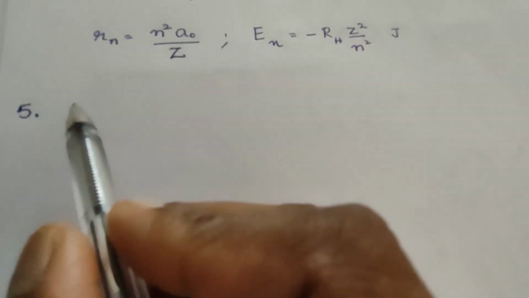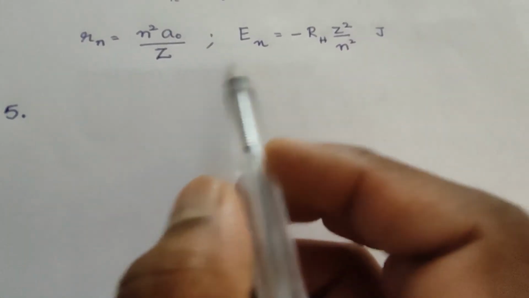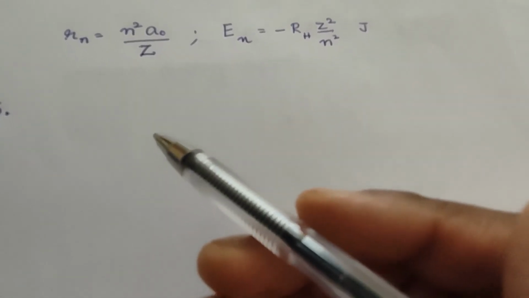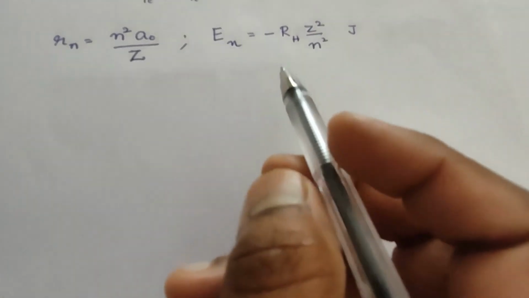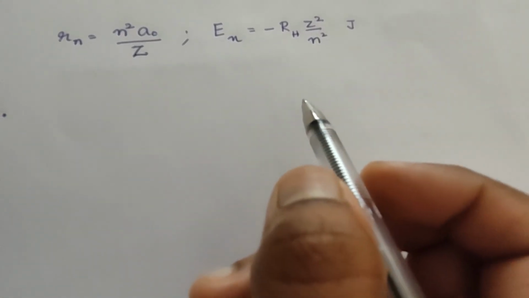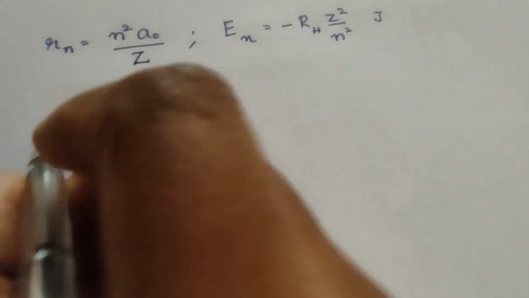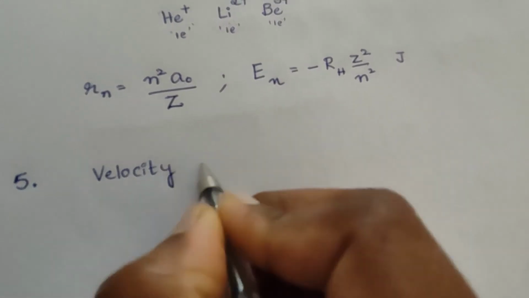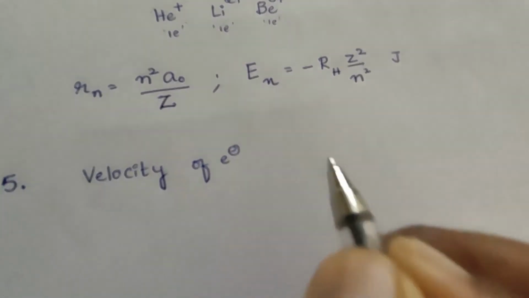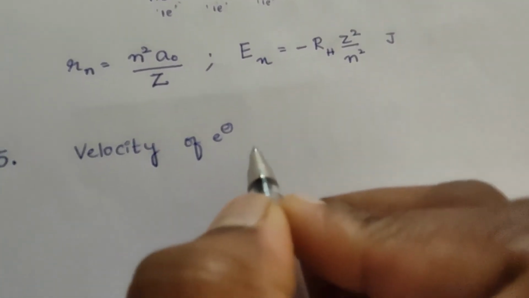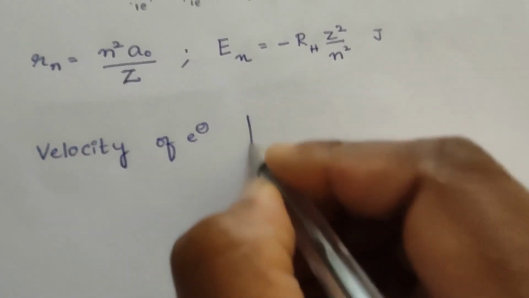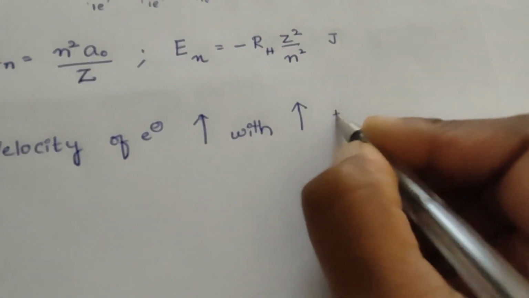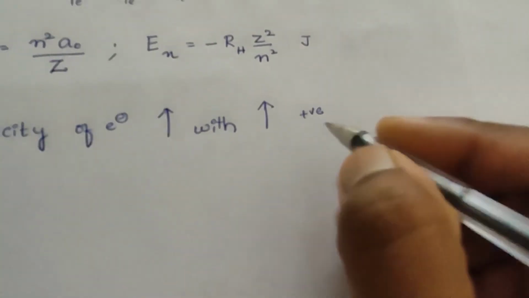Bohr also predicted that the magnitude of the velocity of the electron increases or decreases based on the nuclear charge and the distance between the electron and the nucleus. The magnitude of velocity of an electron present in a stationary state increases with an increase in the positive charge of the nucleus.